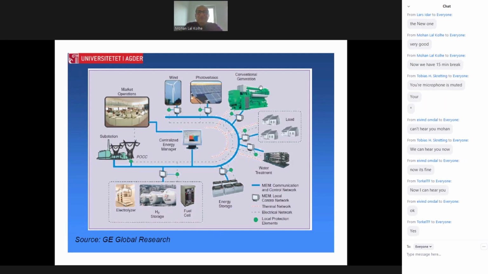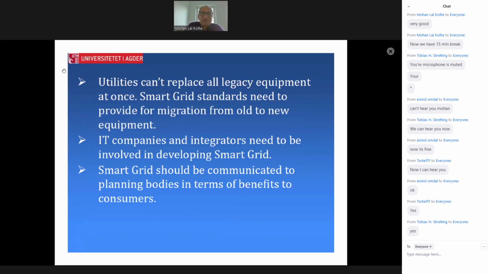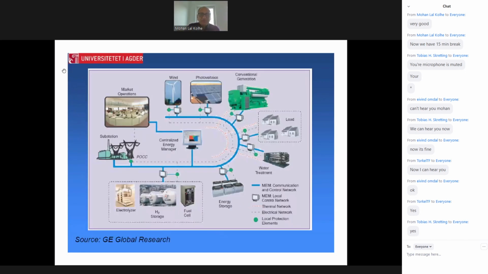Good. So maybe I will skip a couple of slides and just go to the next slide. Now you can see, with reference to this slide what we have seen, we have many different options at a very high level.